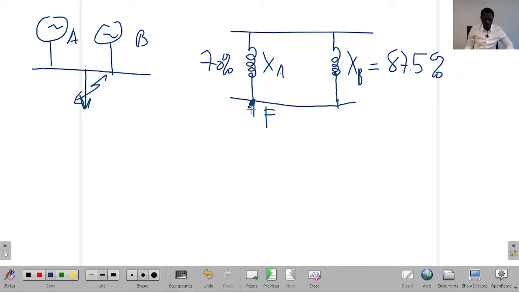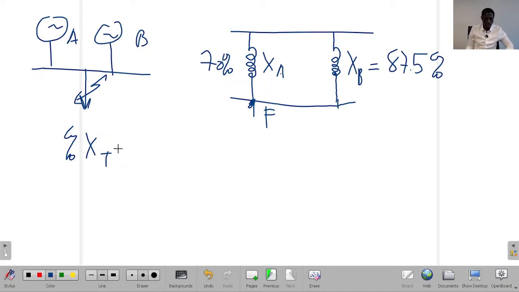Knowing the value, we've already calculated the current, so we now have to determine the total reactance between these two alternators. You notice that these two alternators are in parallel, so our total reactance is calculated in a similar fashion as we calculate the total resistance if the resistances are in parallel.